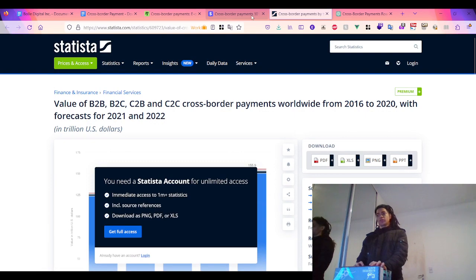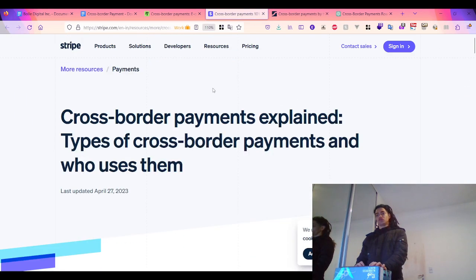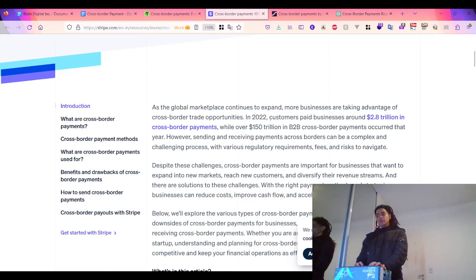Something I can see that doesn't matter, but according to Stripe, customers in 2022 paid businesses around 2.8 trillion in cross-border payments. It's also because of the huge amount of money that the government printed, while over 150 trillion in business-to-business cross-border payments occurred that year.